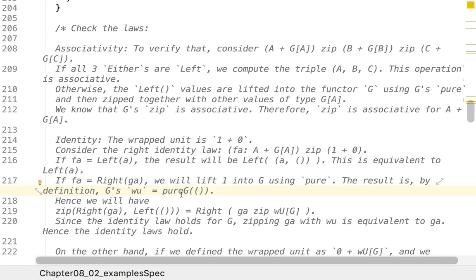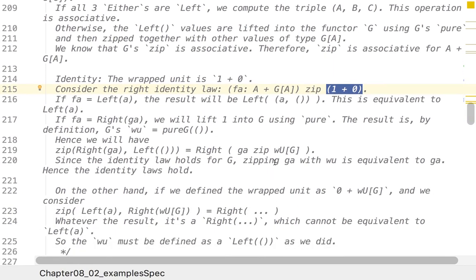And so we have the zip equal to Right of this with a wrapped unit of G. Now the identity law for G tells us that this is equivalent to GA. Therefore, the result is equivalent to Right of GA, which is exactly FA. So, in other words, zipping FA with this always gives you something equivalent to FA, and that's the identity law. And clearly, in the same way, we check the left identity law.